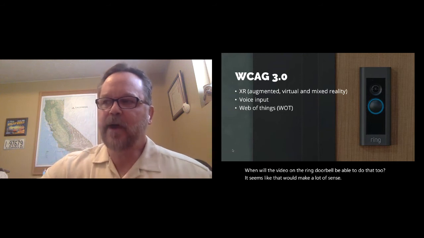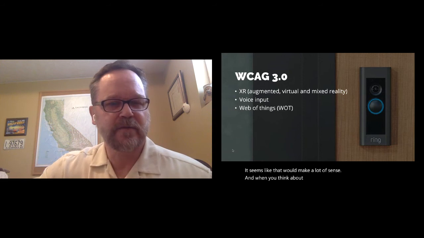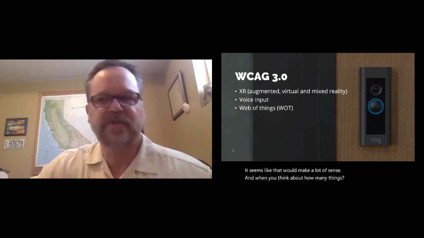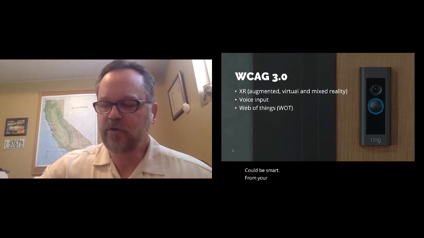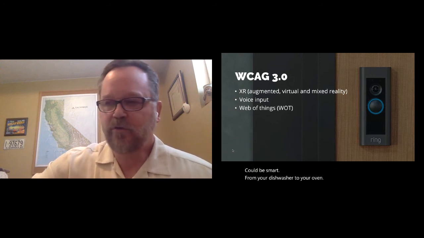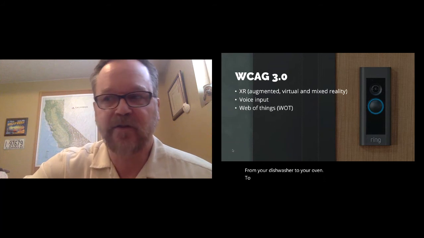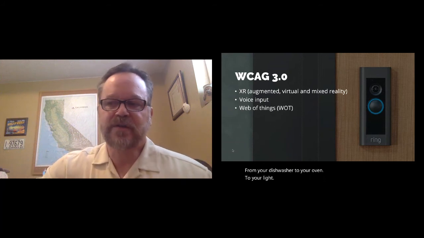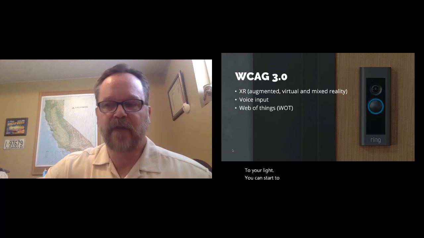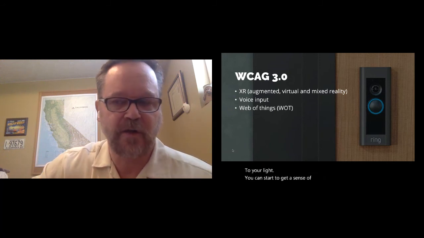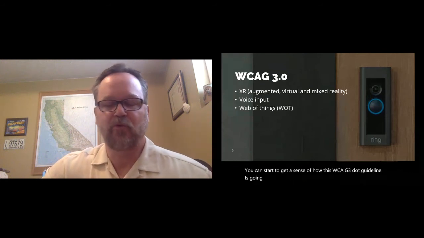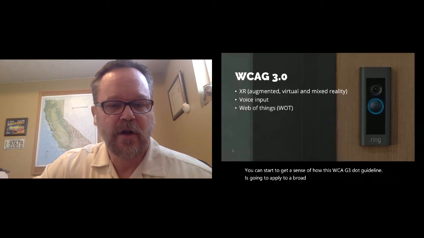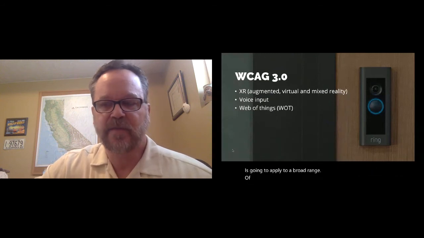And when you think about how many things could be smart, from your dishwasher to your oven to your light, you can start to get a sense of how this WCAG 3.0 guideline is going to apply to a broad range of technologies and industries.